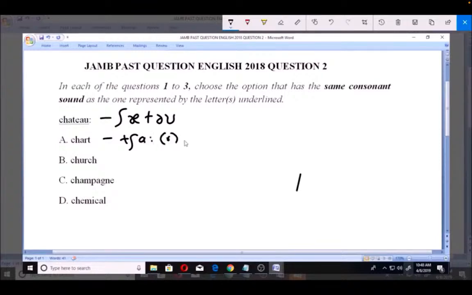It can have R here. Then this one is church. Also the ch sound, just like the other one. Church. Can have R here. But this is also champagne, just like the first one.